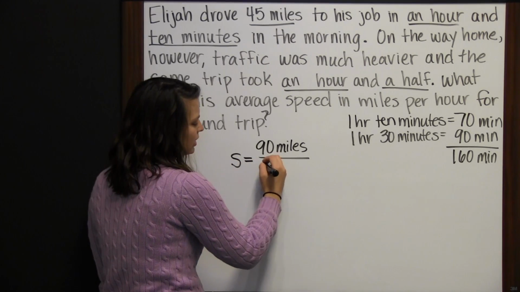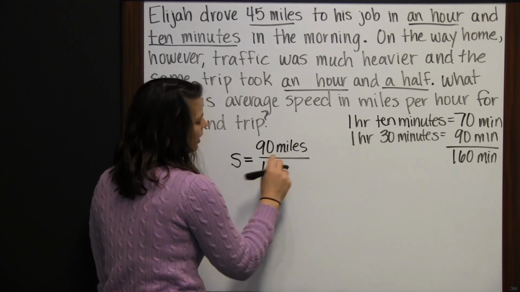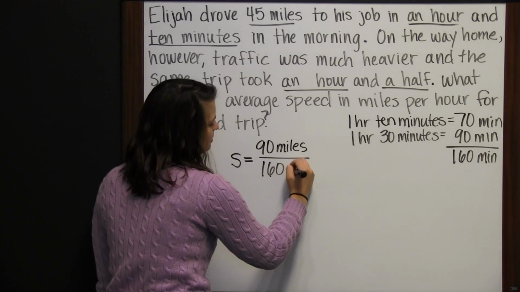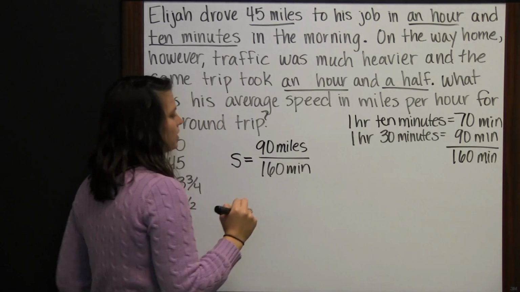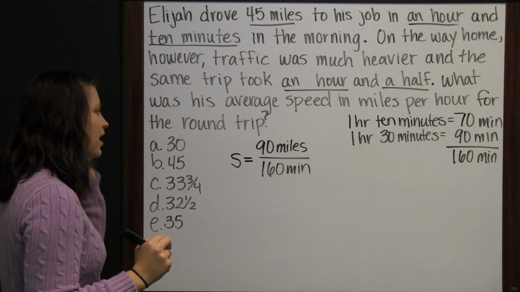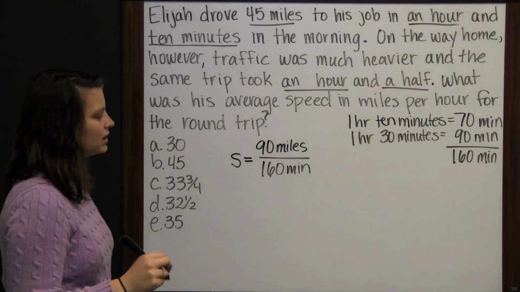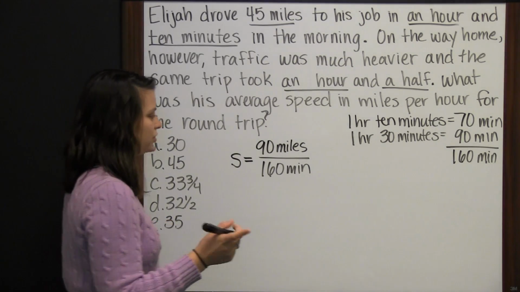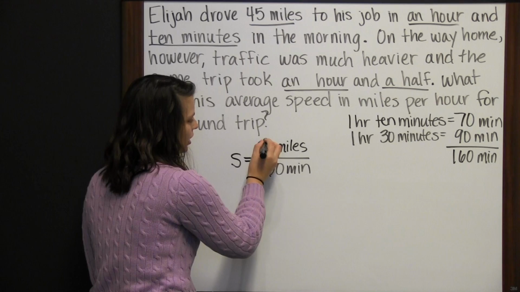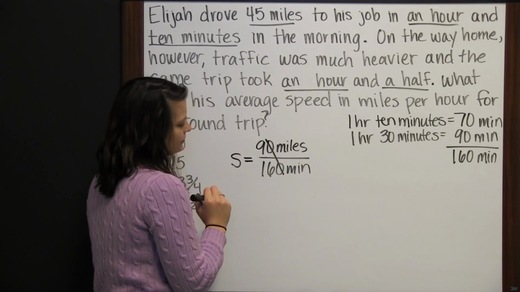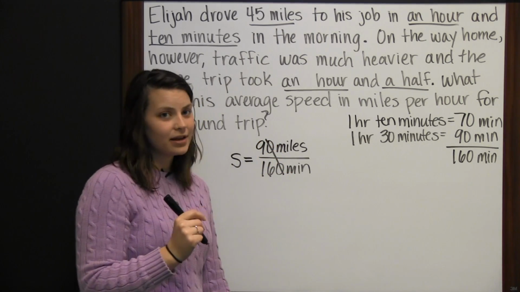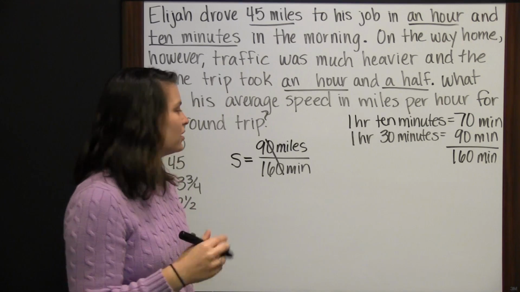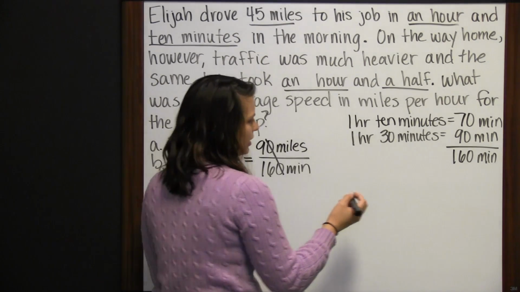So again, to calculate his speed, we need to divide his total distance by his total time. So 90 miles divided by 160 minutes. Well, the first thing I could do to simplify this is I could cancel a 0. So now it's just 9 divided by 16, which will be a lot easier to work with.